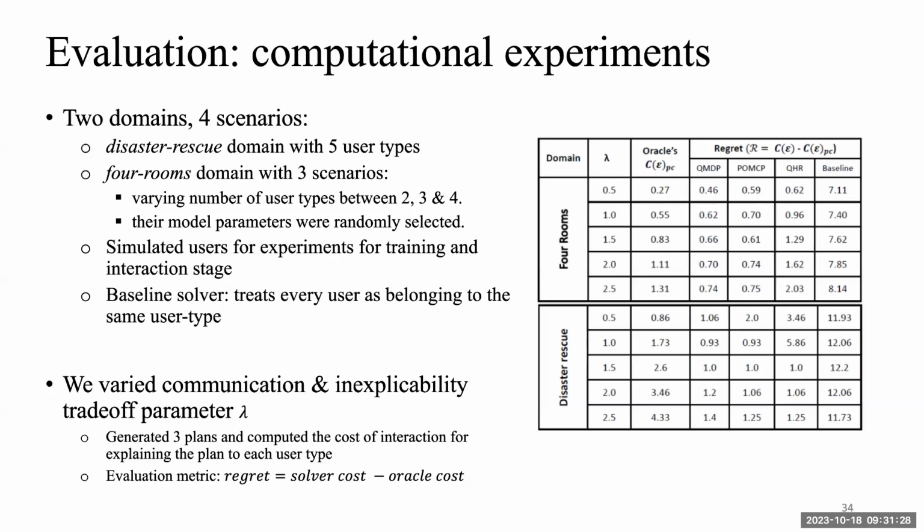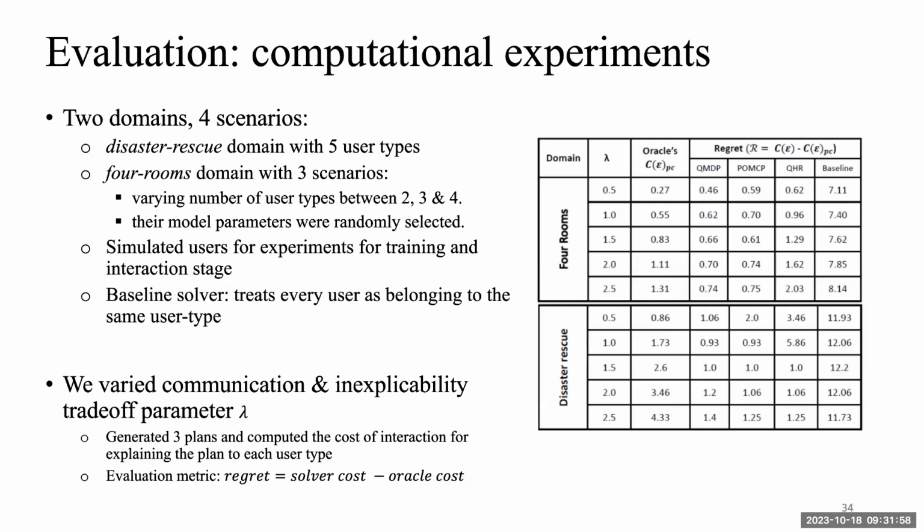This is a standard MDP domain, with 3 scenarios where we varied the number of user types between 2, 3, and 4, and their model parameters were randomly selected, as opposed to us setting the models of the user types. For all our experiments, at least the computational ones, we used simulated users. We also defined a baseline solver, which treats every user as if it belongs to the same user type.